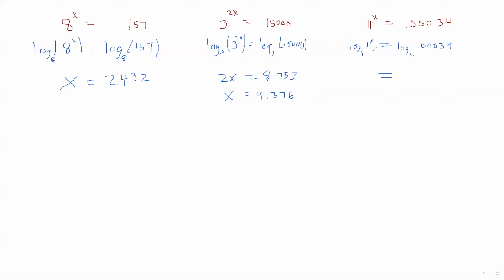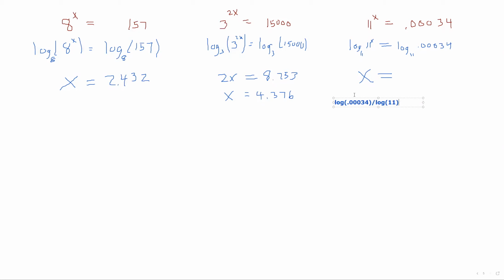11, 11, okay, these match, it cancels out. X equals log of 0.00034 divided by log of 11. Again, if you're not clear on what I'm doing to push the buttons, on my old TI-83, which doesn't have log base, I'm literally typing in this.